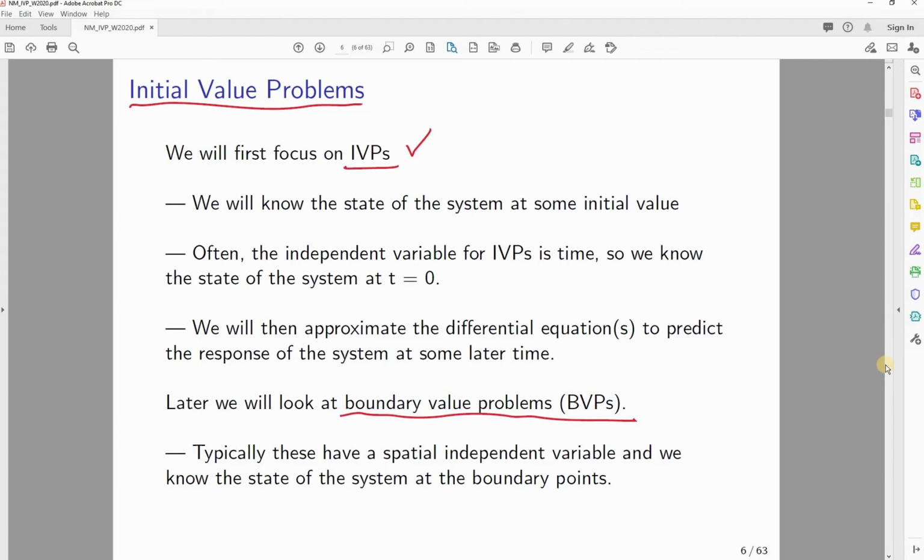All right, and as I said before, we know something about the state of the system at the very beginning. That's why we have this initial value going on. So if you recall, if we're trying to recreate the function, we know something about this point right here. This is known. We don't know anything else about the shape of this profile. We don't know what it looks like. We don't know if it goes up or down, but we do know the initial value.